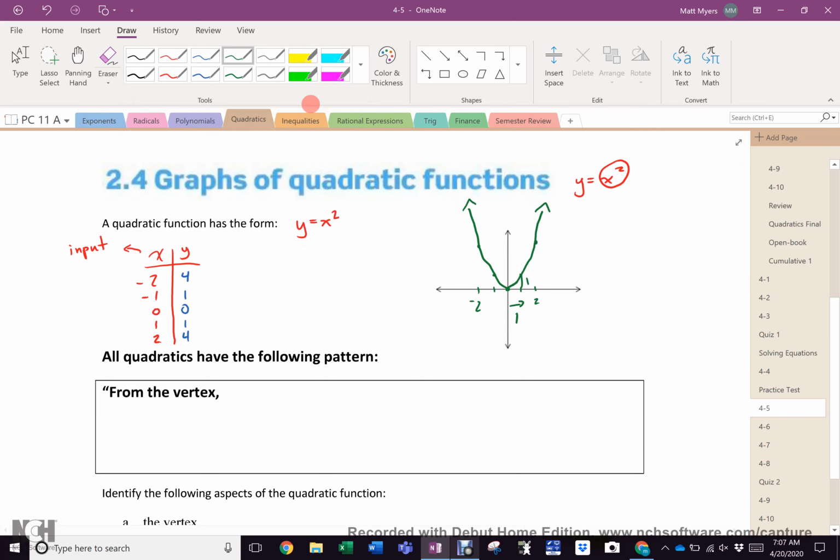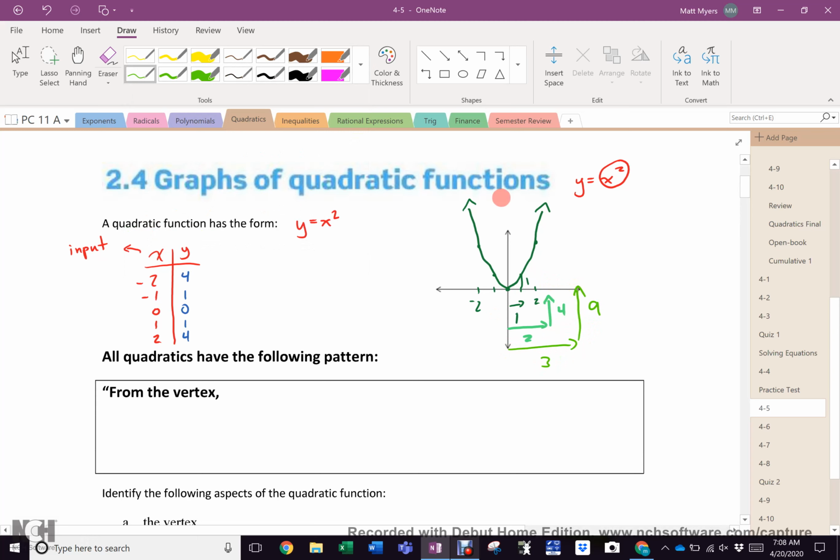I'm going to change shades of green. When I went that way, 2, I went up 4. Now you should see a good little pattern here. Over 1, up 1, over 2, up 4. What is over 3 going to be? I'll wait a second while you think of it. And of course you realize it's going to be 9.